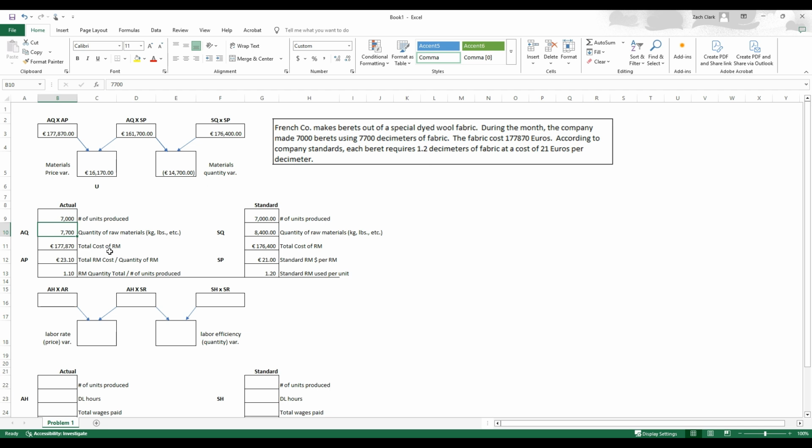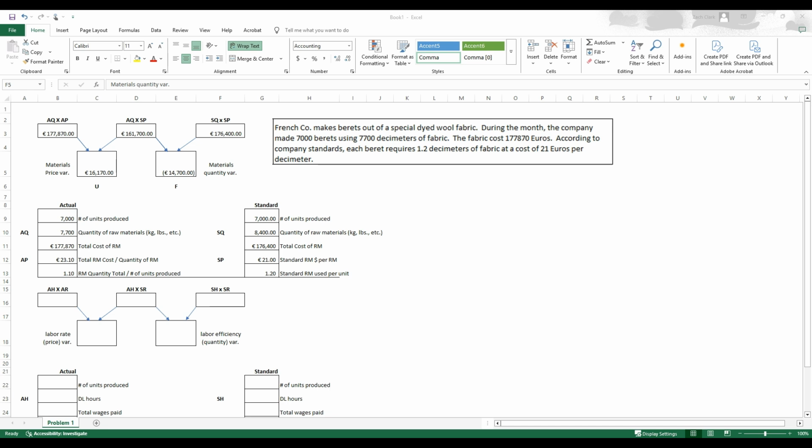That was 1.10 decimeters of fabric per hat beret, per unit produced. And we had a budget of 1.20 decimeters used. So you can already see we're using less fabric than we had originally thought. That jives with the fact that we've got a negative number here, which is a positive variance. In other words, we were able to save money because we didn't use as much on our materials quantity usage, essentially.